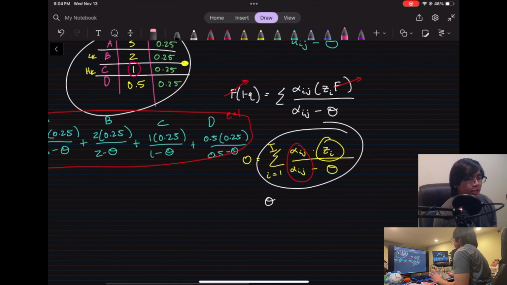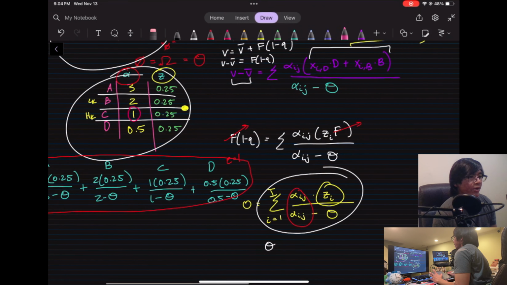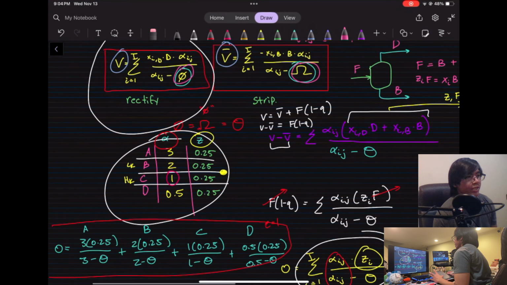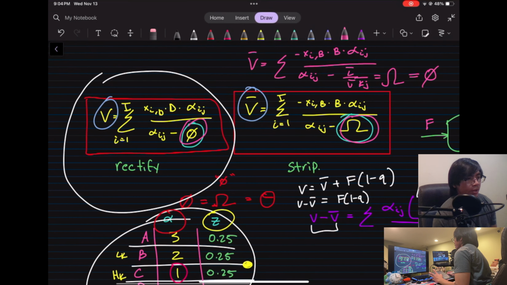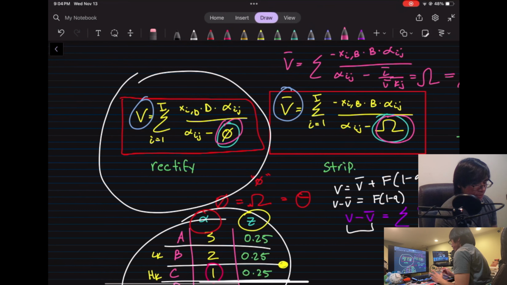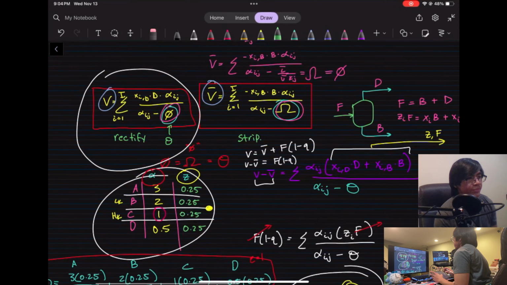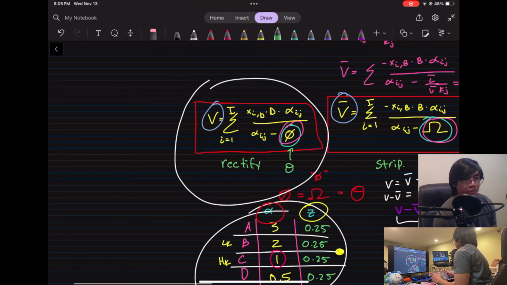After we found the root, and we also saw it in our graphing function, we used that theta value and plugged it back into our rectifying equation, since that's what our problem statement asked. We could also use stripping. So in place of phi, we use theta here. They're the same, since that's how we got our final equation. So we did it again to find that vapor flow rate corresponding to a minimum reflux ratio.